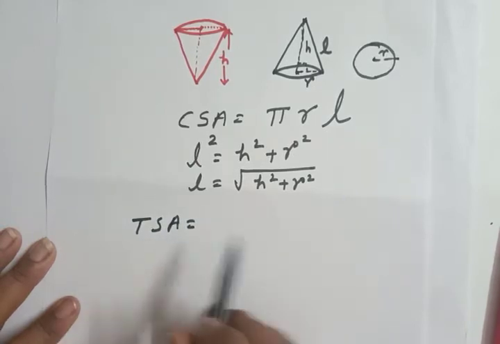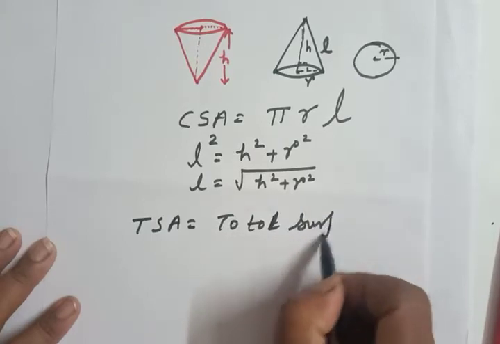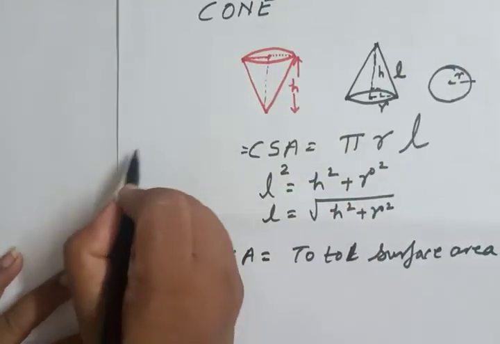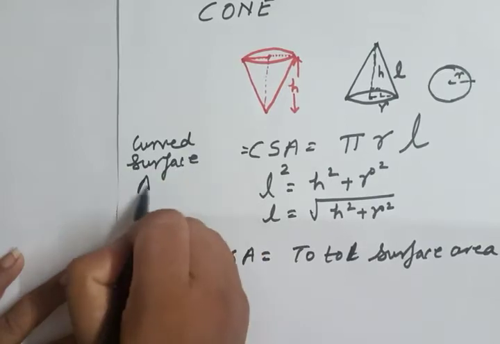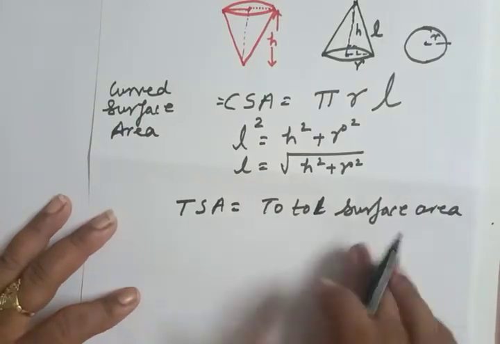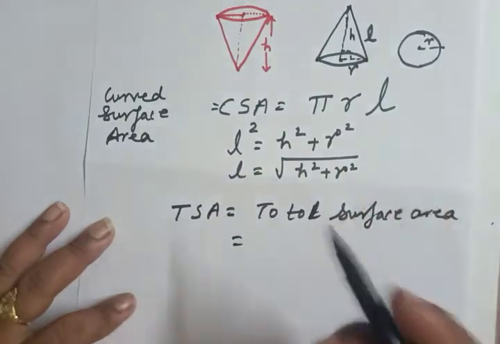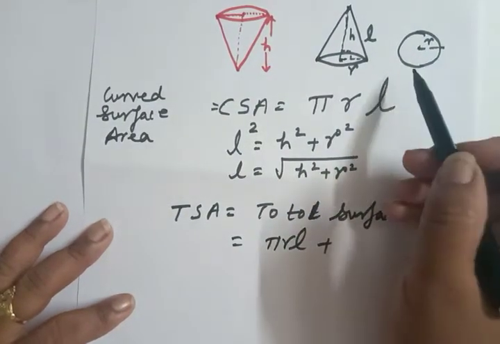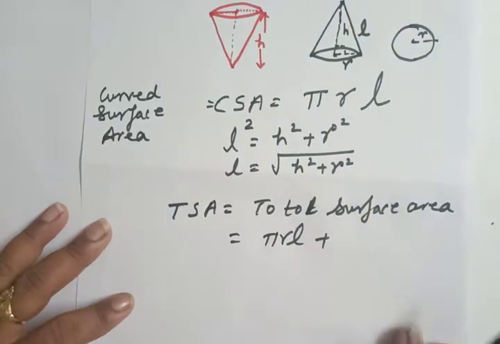TSA means total surface area, and CSA is curved surface area. I hope it is clear. So as we already have the curved surface area, that is pi rl, plus the base, that is a 2D shape and is of circular shape, and we know the area of a circle, that is pi r square.